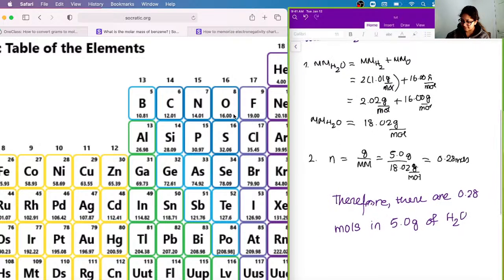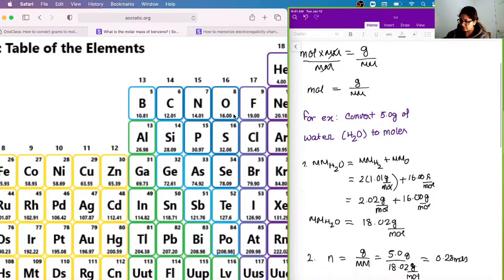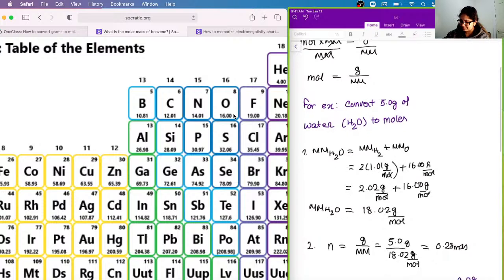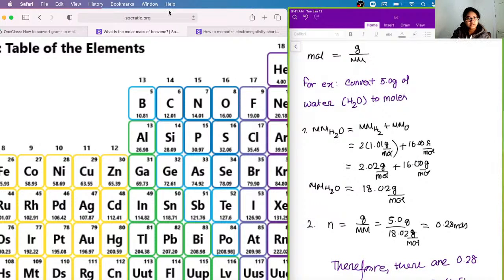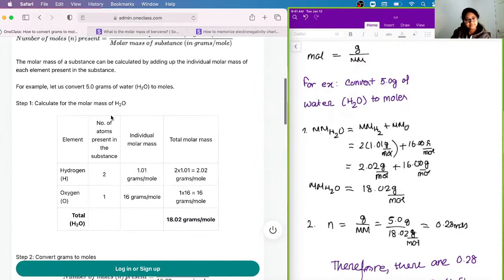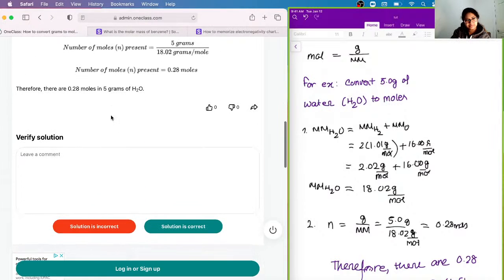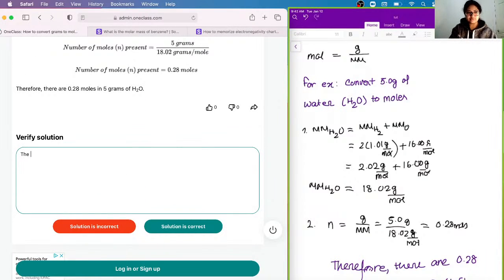This was just an example, but this is how you convert grams to moles. So the solution is that.